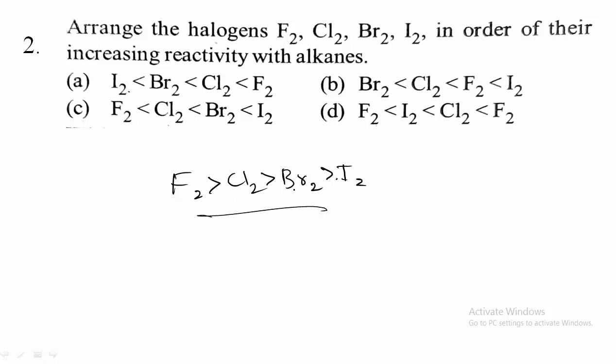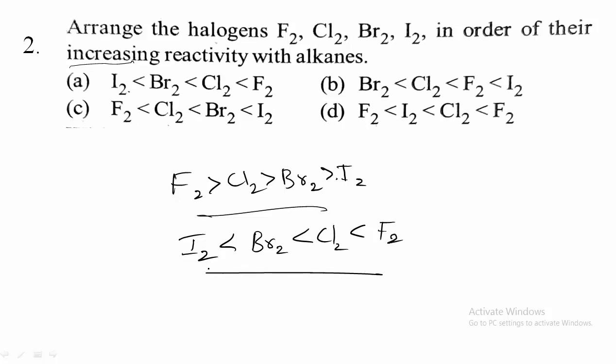So this is the order of reactivity with alkanes, but they have given increasing, means you have to go from least to most. So thus iodine is having lesser reactivity than Br2, Br2 lesser than chlorine, and chlorine is having lesser reactivity than fluorine. So this is the correct order of arrangement.